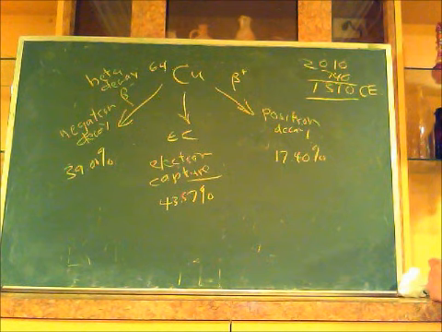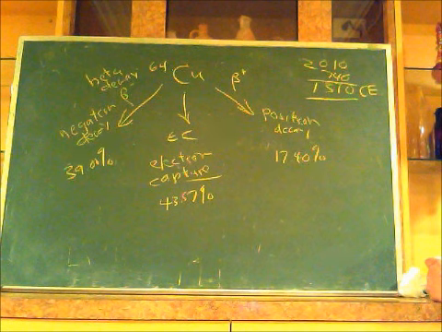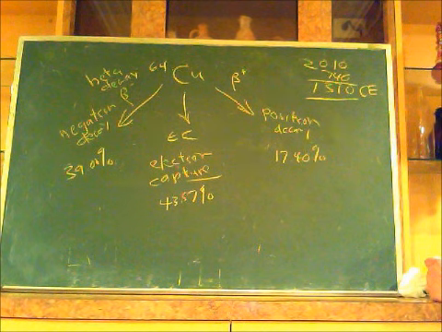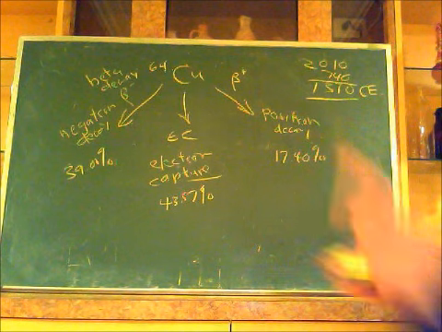So here's an example. A sample of copper is known to contain 9.2 times 10 to the 7th atoms of copper-64. And on our detector, it's registering 2,345 counts per minute. But the detector is only able to detect beta particles. So here's the problem.